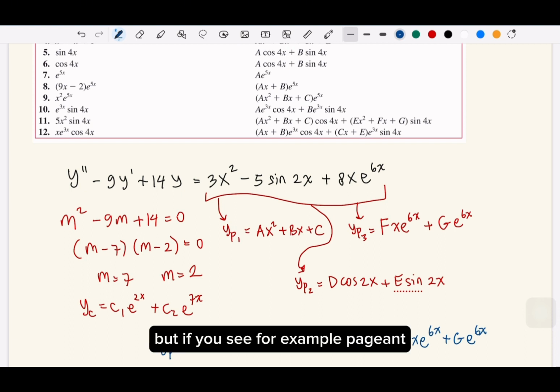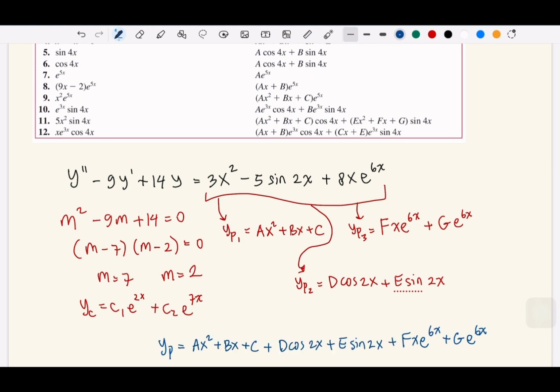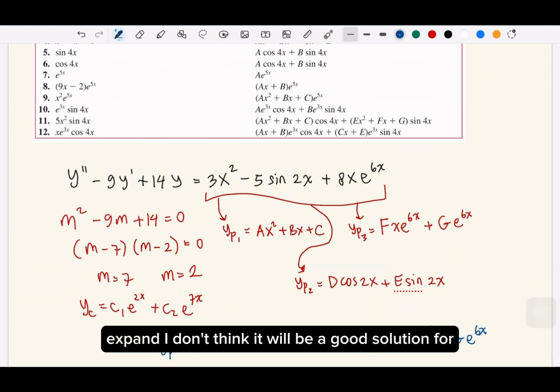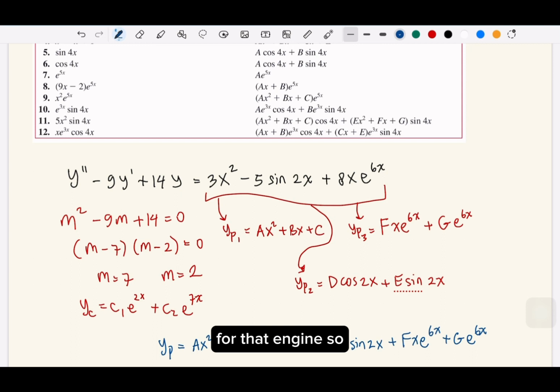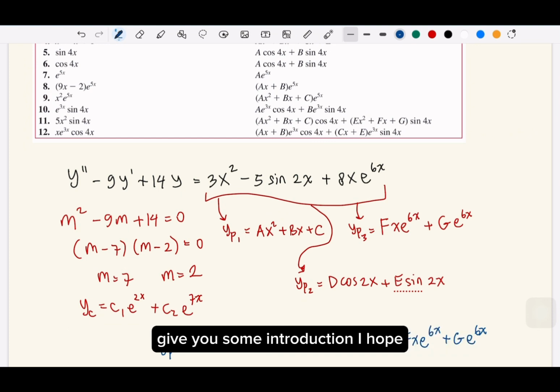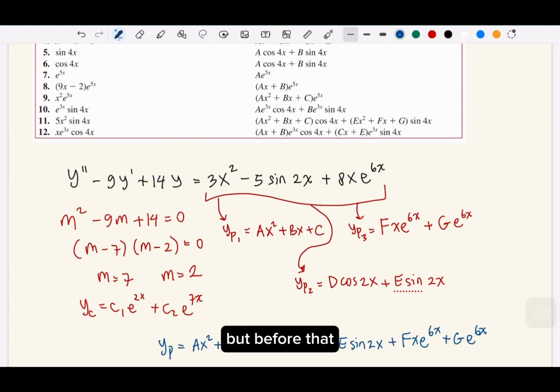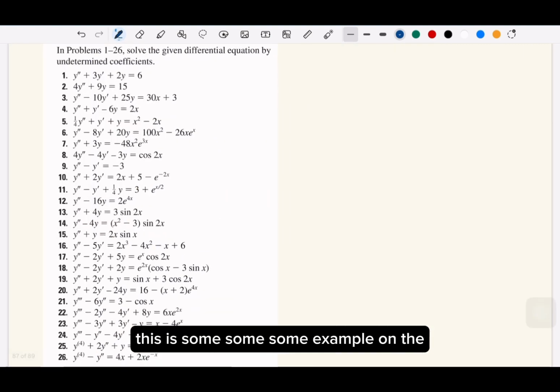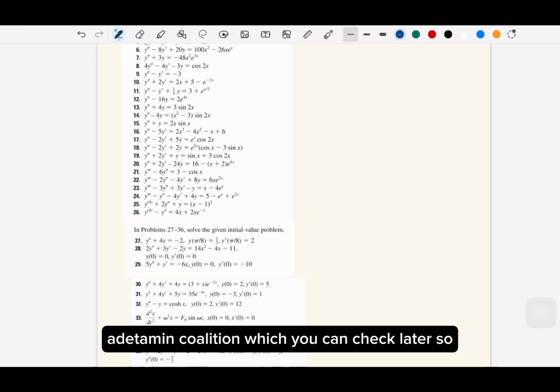But if you see, for example, tangent, then you cannot use this, because if you check the derivatives of tangent, the form will expand, and I don't think it will be a good solution for that. So the better idea is to have another method, which I will give you some introduction to. But before that, this is some example on the undetermined coefficient, which you can check later.